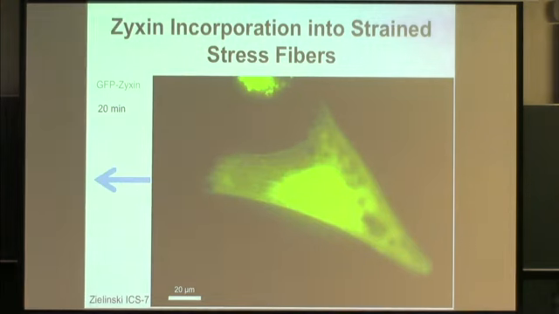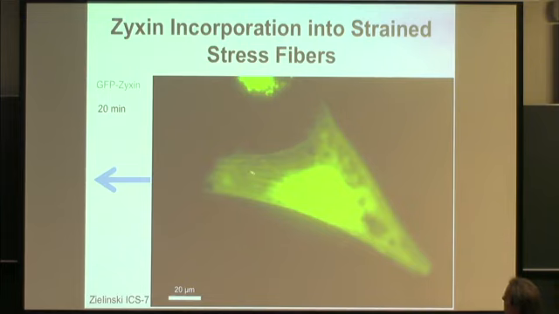What you see here is now, or what you will see if my computer is merciful to me, a HUVEC cell that is transfected with GFP-zyxin. Again, here the artifact around the nucleus, but what you should look at are these stress fibers here. Before, and the garden hoe is somewhere here, and will be pulled in that direction.